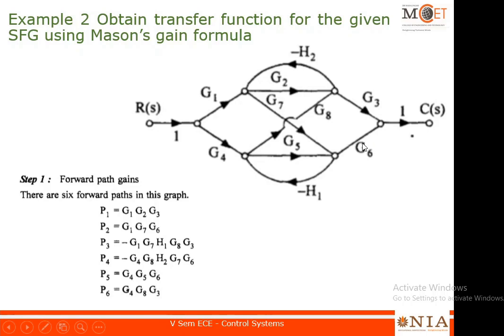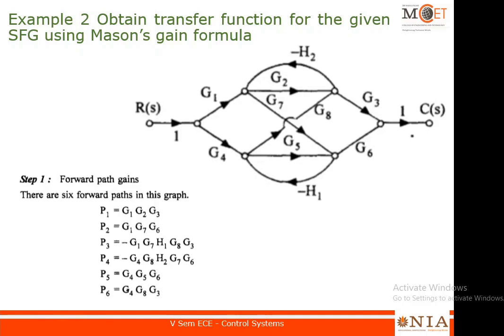So this is another forward path, and you have G4, G8, G3, starting from here. See, in all these forward paths, nowhere a single node was covered two times. Every forward path will lead from the input to output. So I would like to request the students to take a pen and paper and draw all the forward paths so that you get a good hold on this signal flow graph.